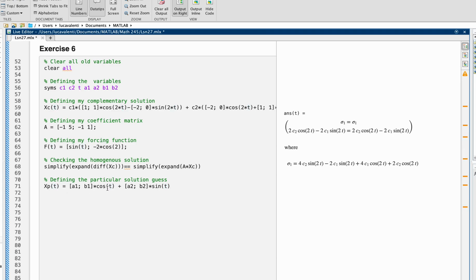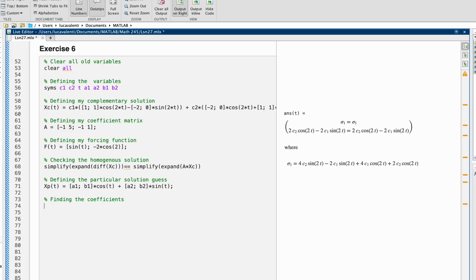Okay, well, we don't have any repetitions here because cosine of t is not the same thing as cosine of 2t, so they're linearly independent. So we can use this guess. I'm going to put a semicolon because I don't want it to output. And now I'm going to find the coefficients.